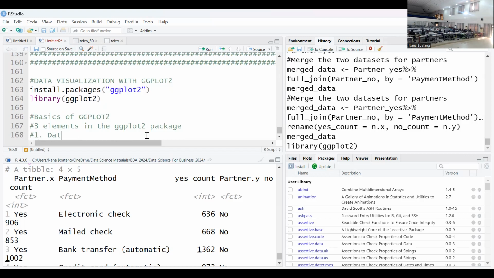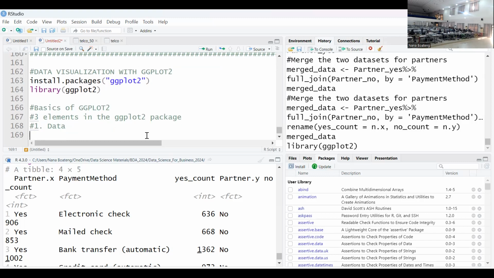Then we have the aesthetics, or the mappings of X and Y coordinates.